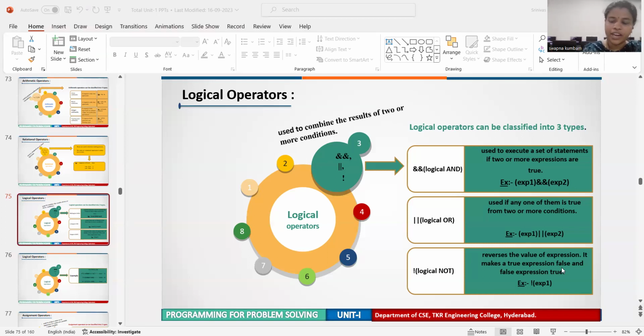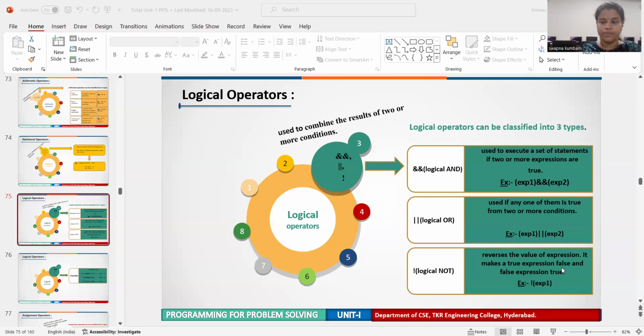We can take the conditions here. Both conditions are false: 0 means false and 1 means true. So true, false, 1, 0, false, true, and last is true, true.